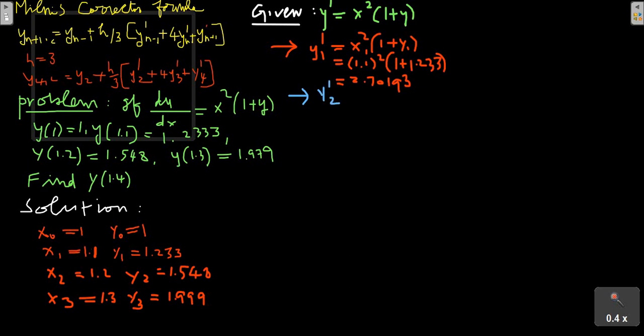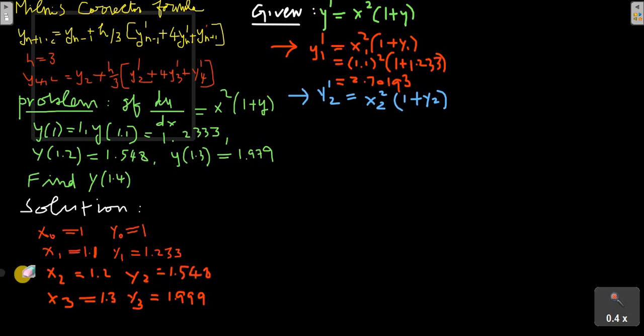Now coming to y2 dash, it would be equal to, replace x by x2 square, replace y by y2. What you'll get is x2 whole square into 1 plus y2. Now again you substitute the corresponding values. x2 is equal to 1.2, y2 equals 1.548.